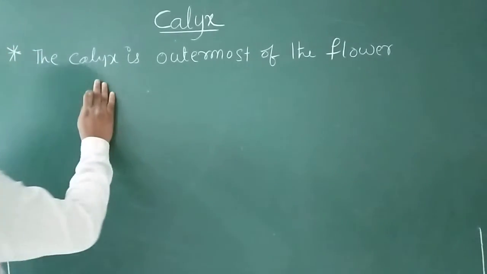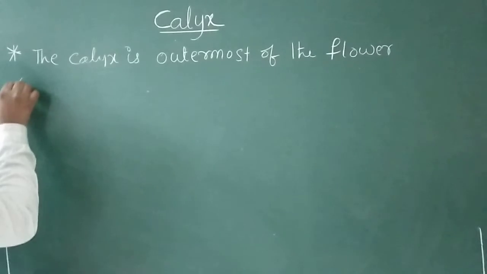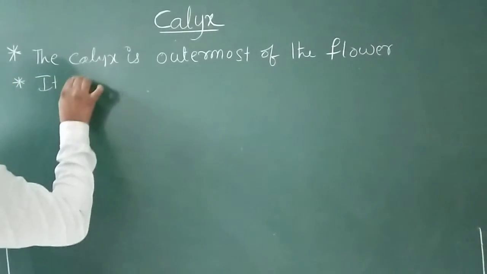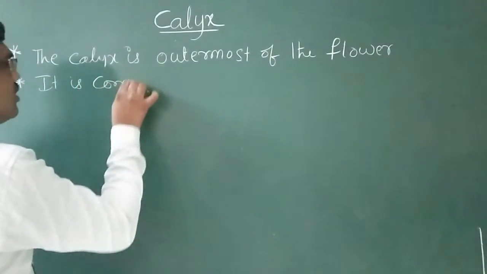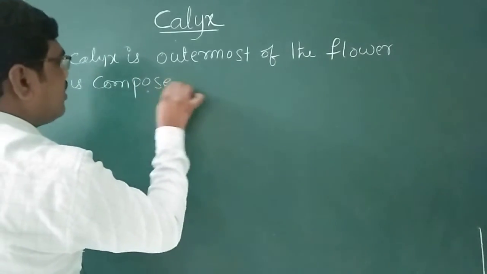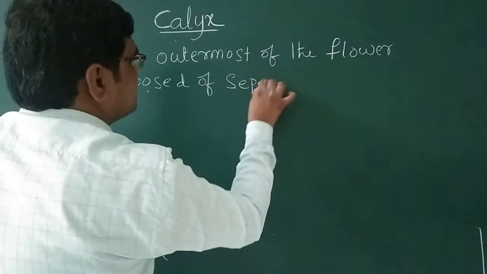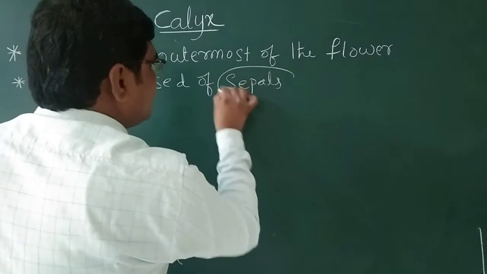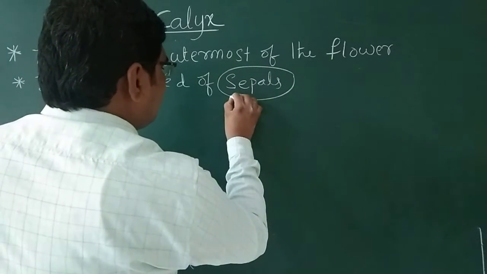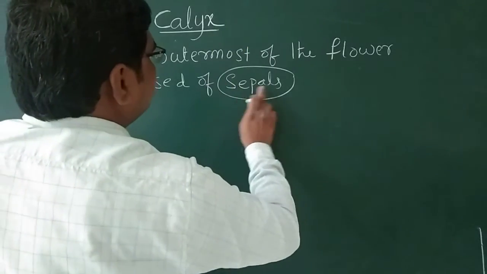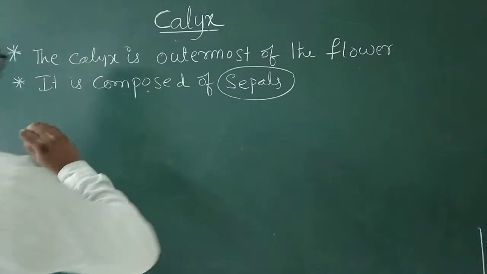Okay. So next, it is composed of sepals. The group of the sepals is called the calyx.